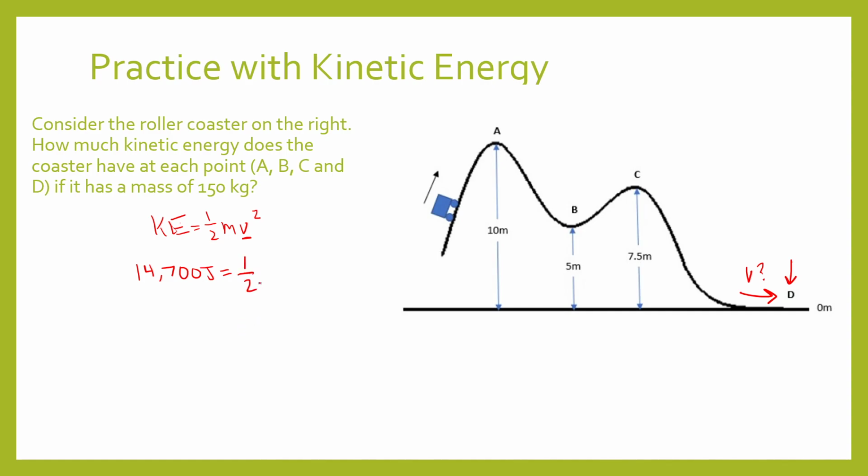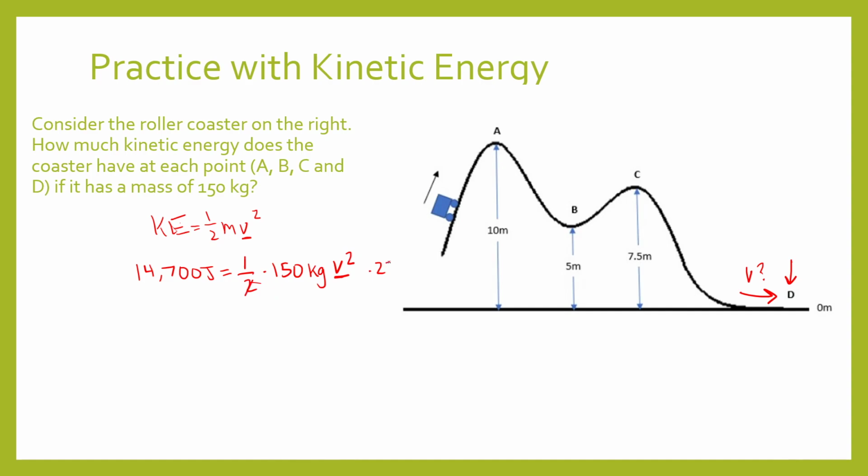By setting this equation up, the mass is 150 kilograms, and our V is our unknown. We need to solve for V. So the first thing I'm going to do is get rid of this 2 by multiplying by 2.